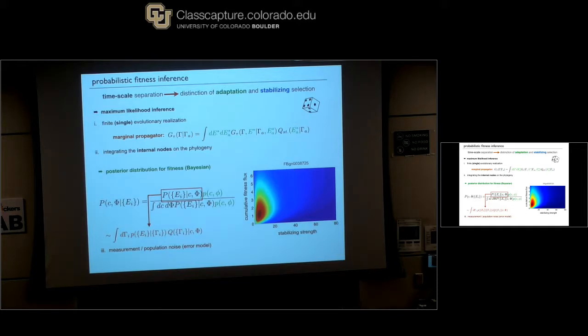We can also classify genes by the maximum likelihood values of adaptation and stabilizing selection. You can go even further and do whatever fancy statistics you want to do. So it gives us a way of looking at individual genes separately without having to average over everything.